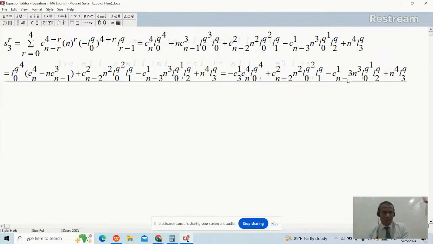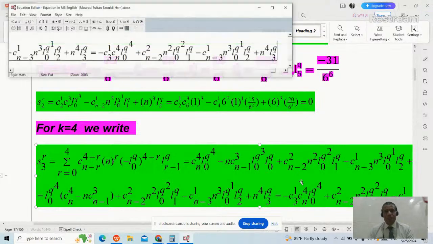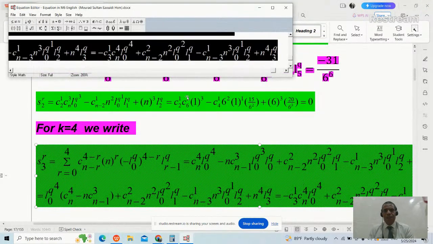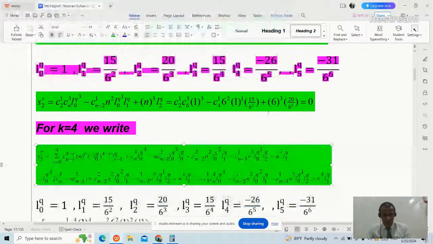Now we clicked it, it's repaired. Sorry, again, Control A, change the size, subscript, good. Therefore, learners, we obtain this one.